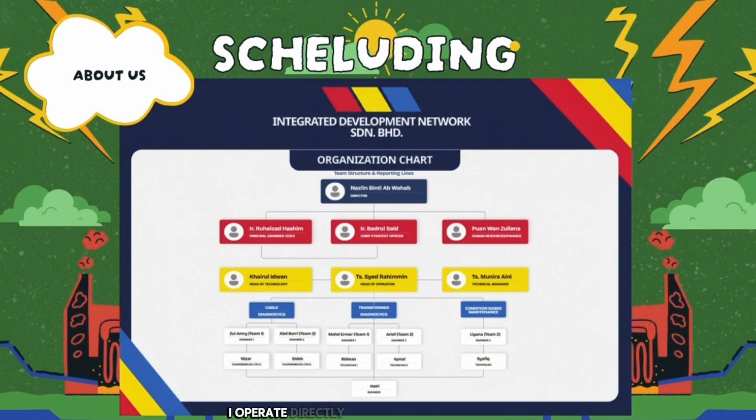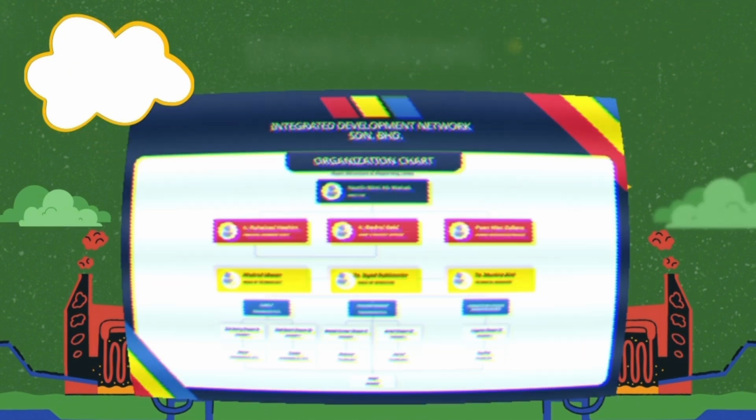I operate directly within the cable diagnostic engineering tier to deploy this technical solution. So as you can see, this is our organization chart. So we going to the next slide.